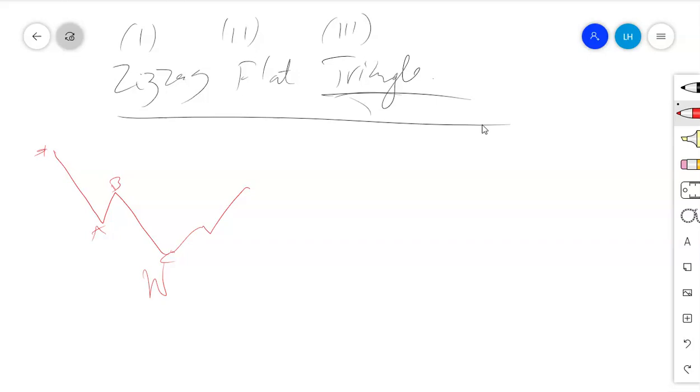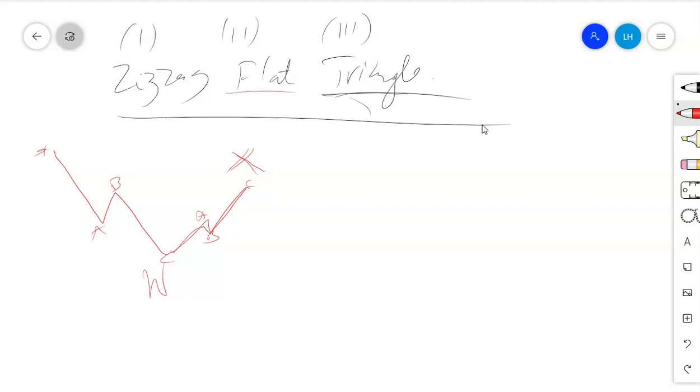So this 1, 2, 3 to the top is named X, and mainly this X is zigzag, so it will be A, then BC. This ABC as a zigzag, but in the big structure, is named X. After this X, the second corrective structure may come in, which is flat.